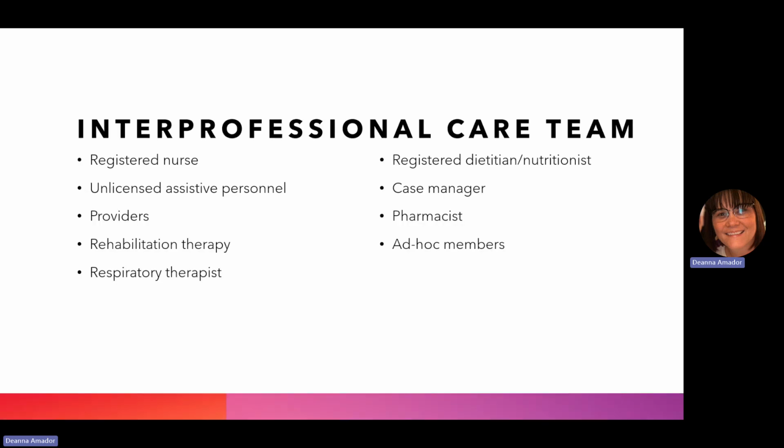So to talk a little bit more about the interprofessional care team, as you can imagine, this can be a very large group. We're talking about the registered nurse. You can have unlicensed assistive personnel in there as well, like a CNA, different providers, rehab therapists, respiratory therapists.